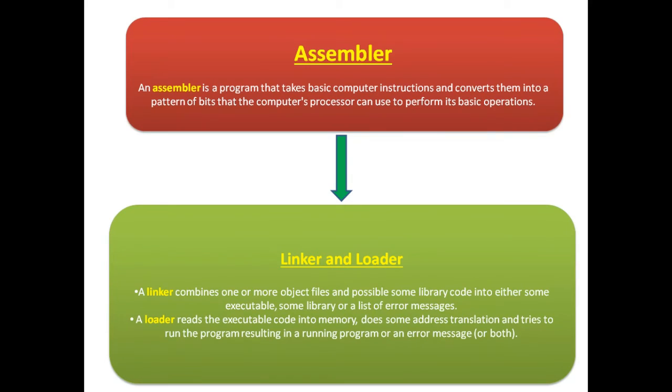After that, the loader reads the executable code into memory and does some address translation, like which part of the memory has to be used, or if you have initialized some variables, which part of memory each variable should occupy. And they help to run the program, resulting in the program running with an error message or both.